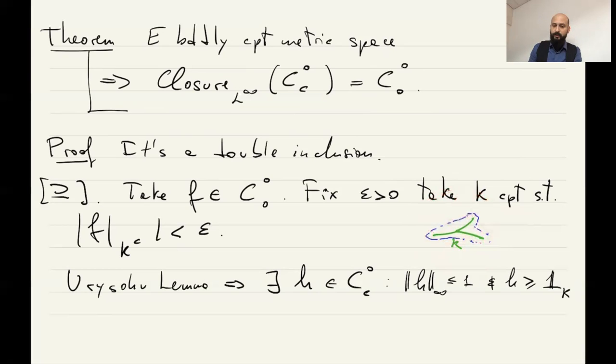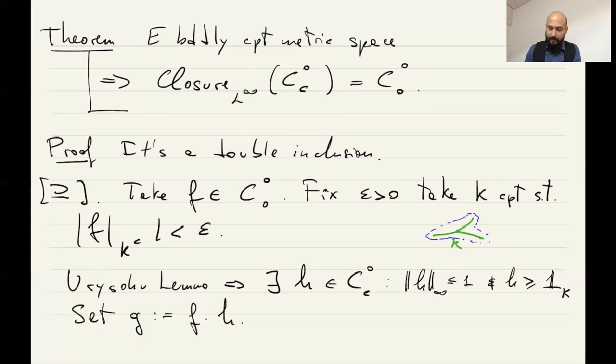Okay, this is what Urysohn's lemma was constructing. Okay, so now what we do, we consider the function g to be f times h.